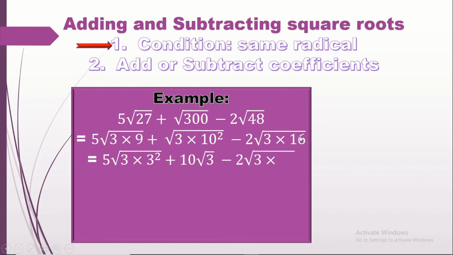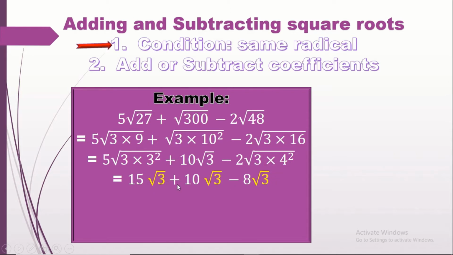Here also 16, we can replace by 4 squared. Now we can write the square numbers directly outside the radical since we have times. So here 5 times 3 radical 3 gives us 15 radical 3 plus 10 radical 3. Also here 4 squared, we write it outside the radical: 2 times 4, 8 radical 3. We directly get rid of 4 outside the radical since we have times.